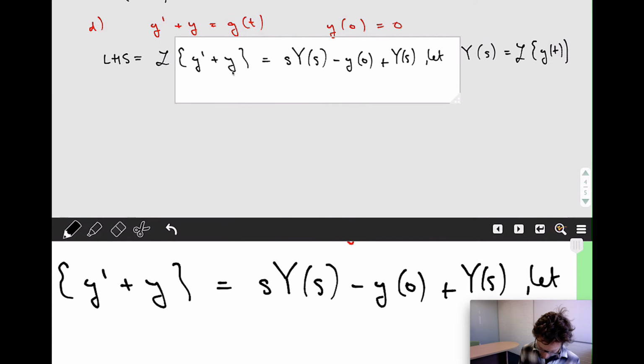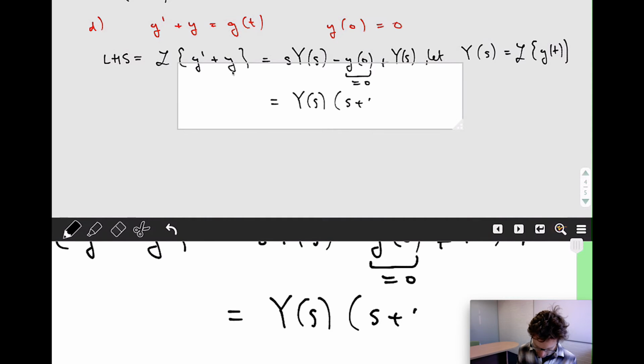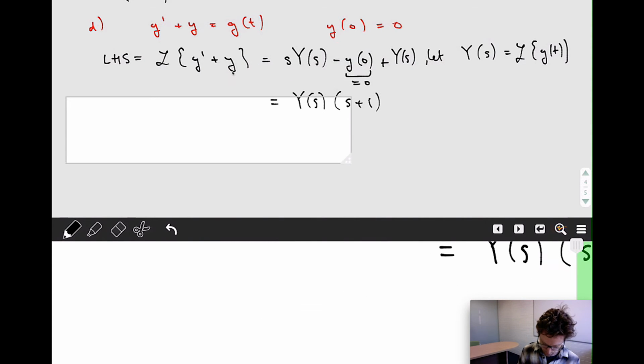You can see I've got y equal to 0 at t equals 0, so that's going to go away. I'm left with a common factor of Y of s, which I can take out, times s plus 1. And that's our left-hand side of our differential equation after I've applied the Laplace transform. What about the right-hand side?